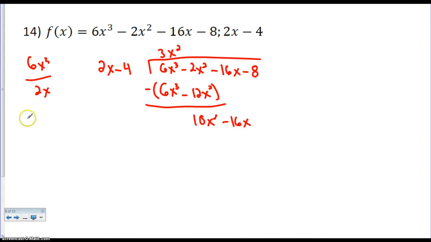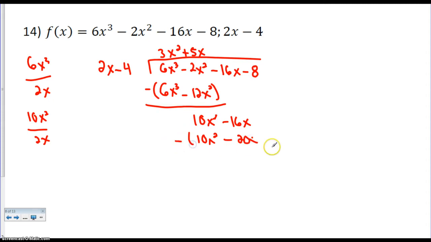And then what's 10x squared divided by 2x? That's a plus 5x. So 5x times 2x is 10x squared, and 5x times negative 4 is negative 20x.